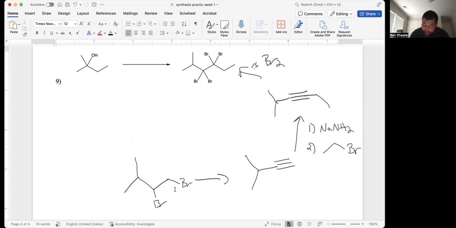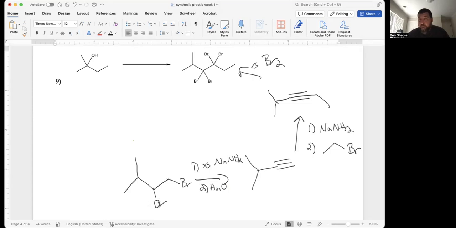And then if I have two halogens and I react it with excess NaNH2 and water, that'll give me a double elimination reaction, and it'll convert my alkyl dihalide into the alkyne.